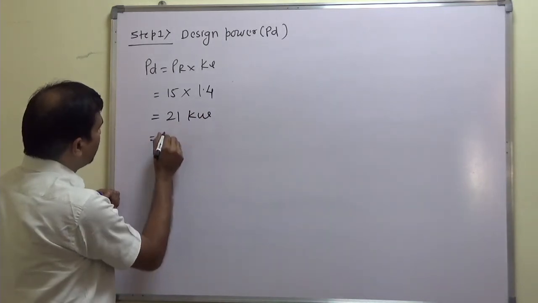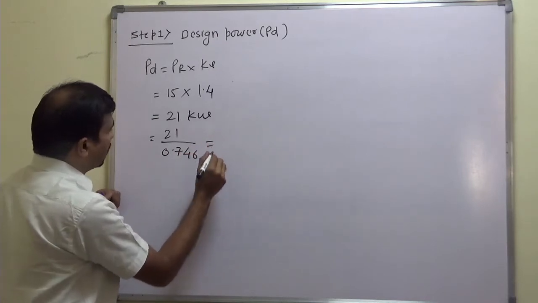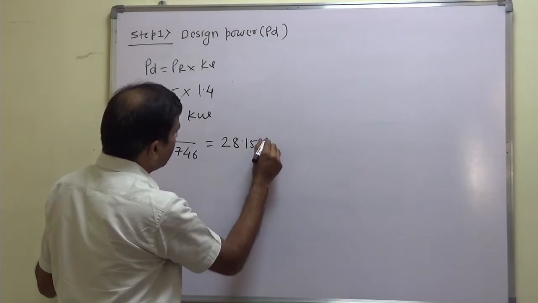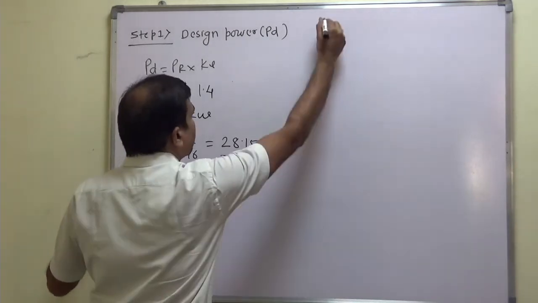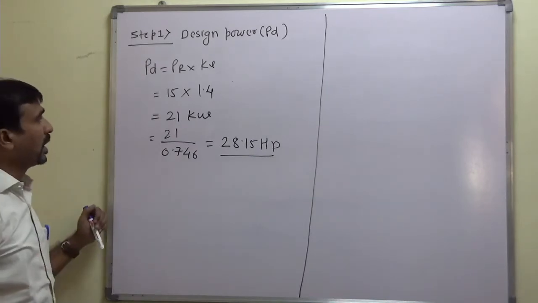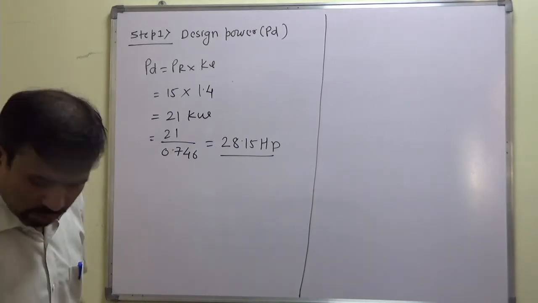Directly convert this into HP. So 21 divided by 0.746 is equal to something like 28.15 HP, horsepower. Okay. So we calculated design power in step number 1. Okay, so moving ahead.